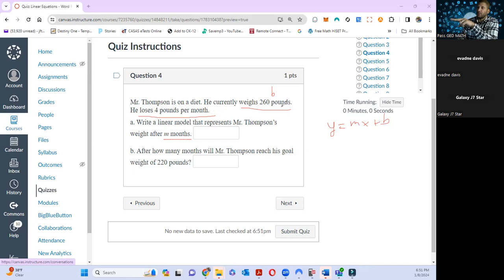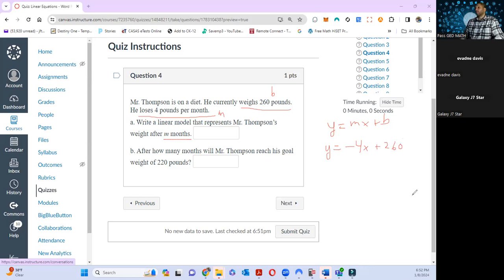If his current weight was b, what's losing 4 pounds per month? b is constant. Is the 4 pounds the change? That's the m, the slope. Because it's losing, is it positive or negative? Negative. So my m is negative 4. So y equals negative 4x plus 260.